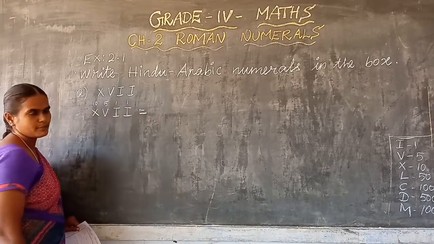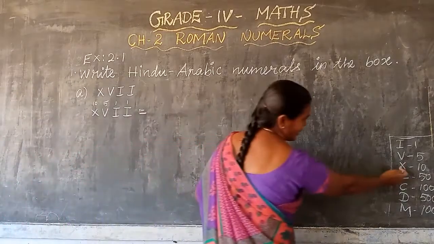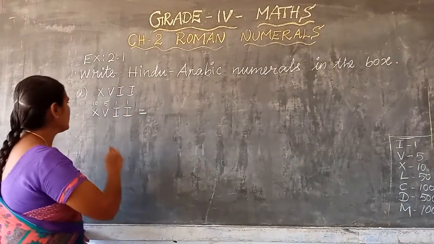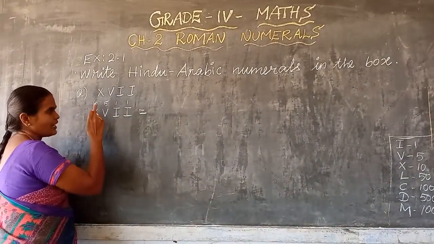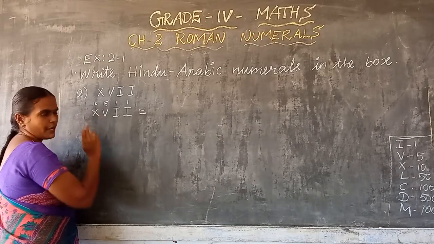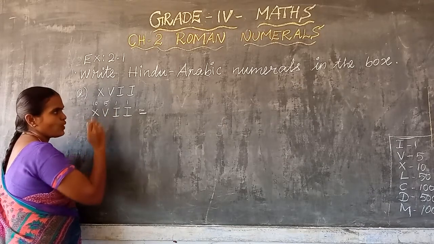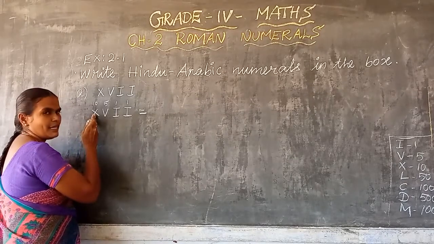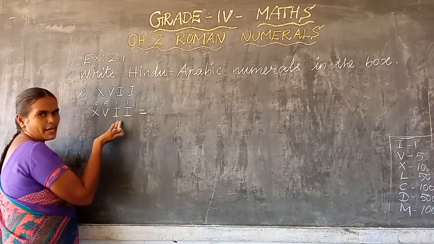So look at here. X 10, V 5, I 1, I 1. So greater number, left side small number means addition.